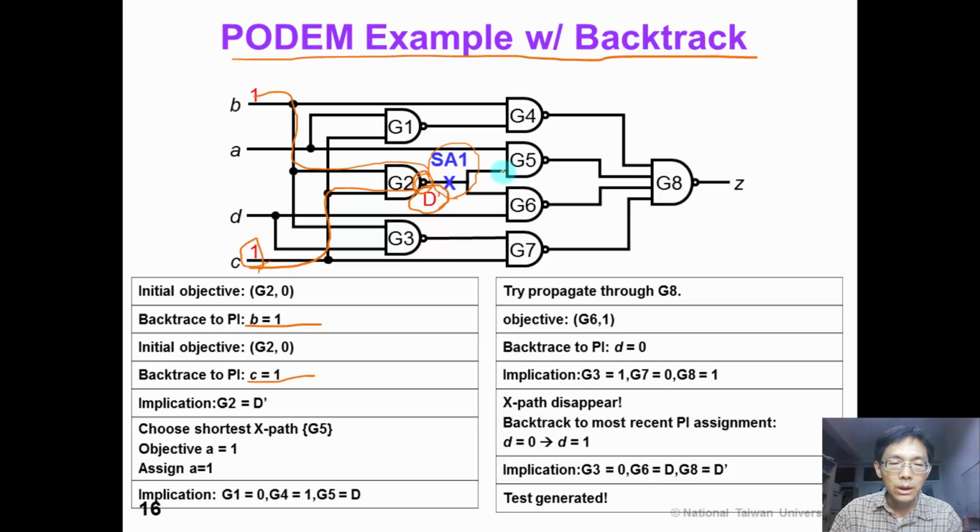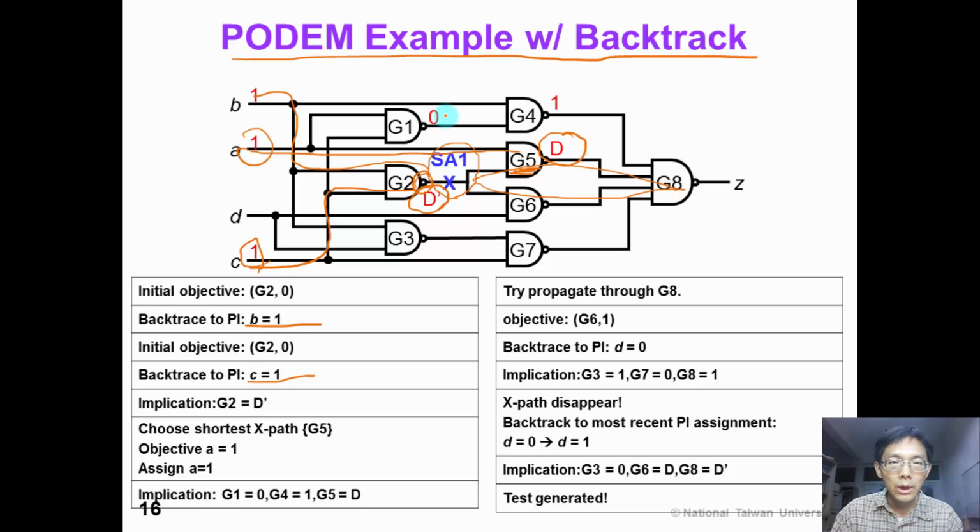Let's now continue to propagate along the X path. There are 2 X paths to propagate. Let's say we select G5. So the objective is A equal to 1, which can propagate the effect through G5.